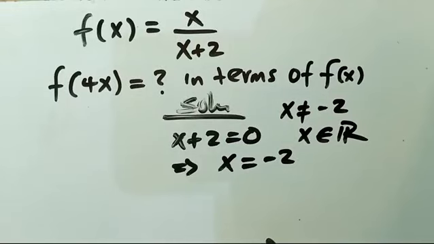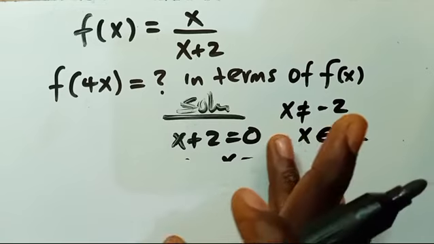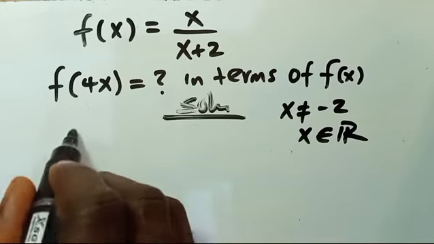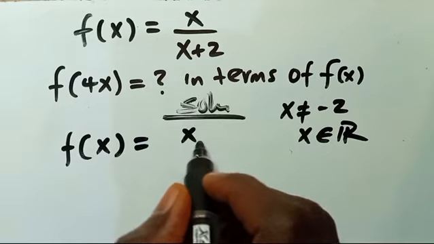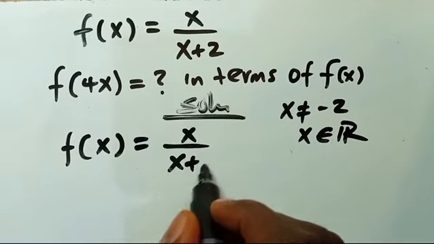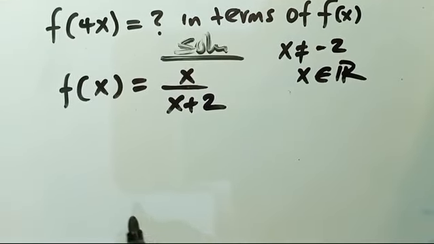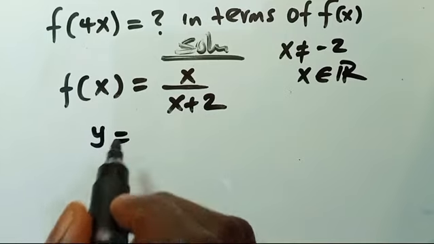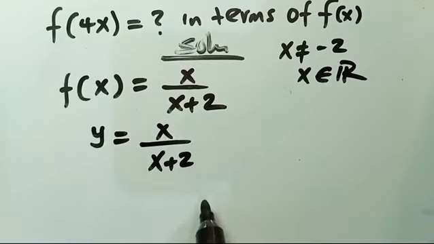So having known this one, now let us go ahead and see how to solve. Now from here we have f of x to be equals x over x plus 2. Now let y to be equals x over x plus 2.